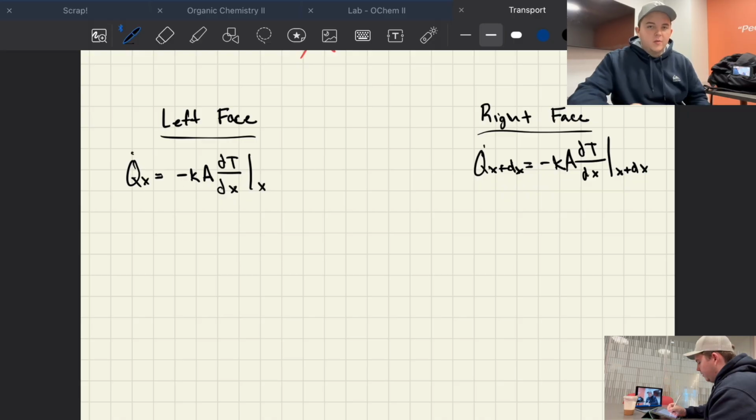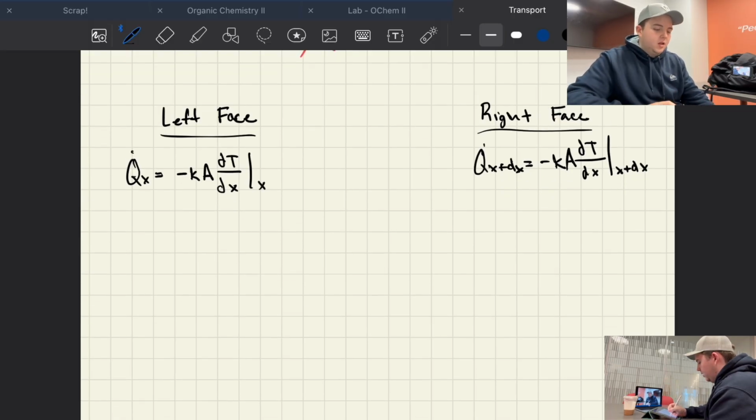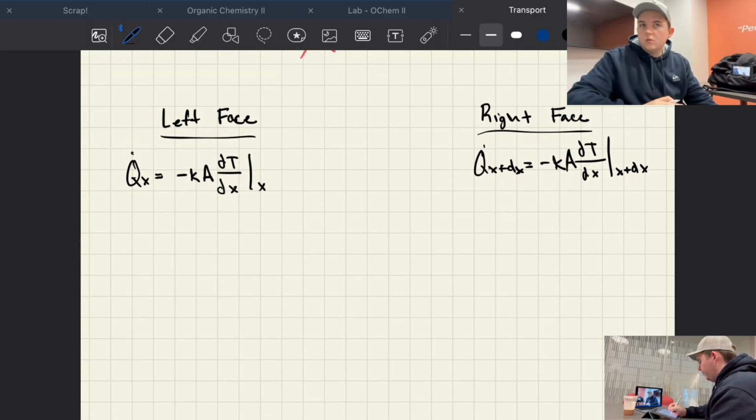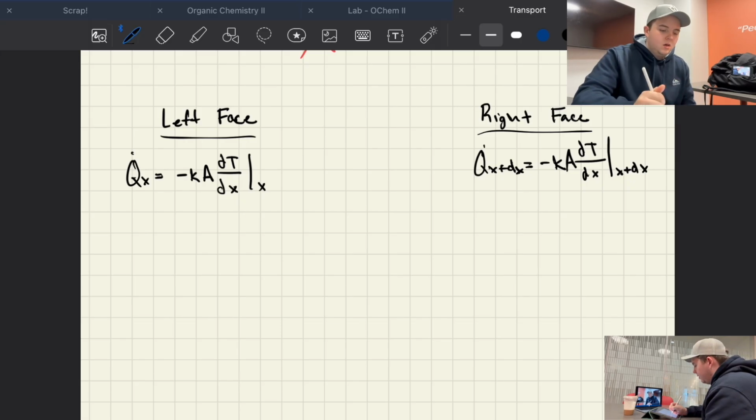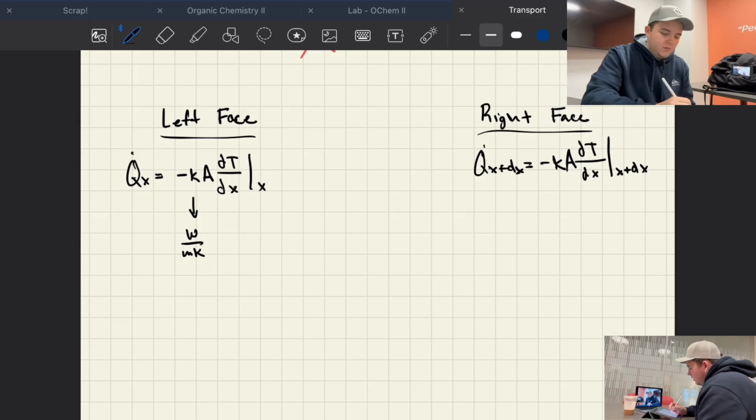Okay, so I wrote a couple things down that we wouldn't be expected to know without a reference. So I wrote our left face and right face heat equations down, which is just derived through Fourier's law. So here we have units of watts per meter Kelvin, and our temperature gradient has units of Kelvin per meter.